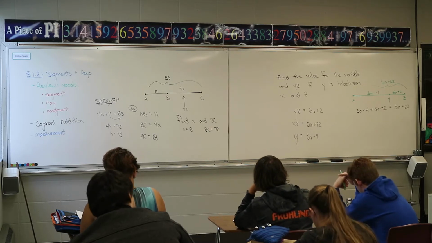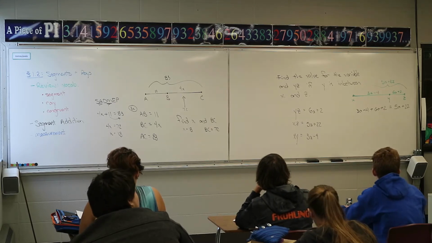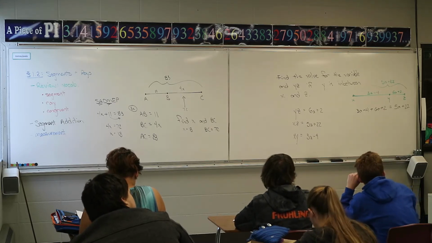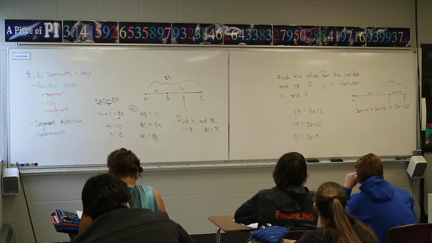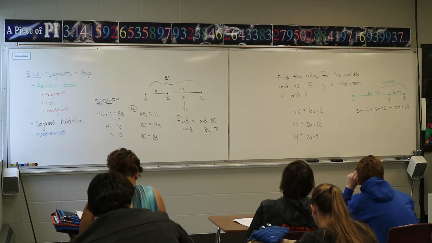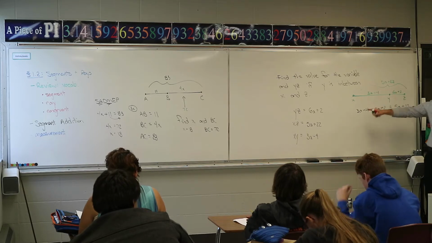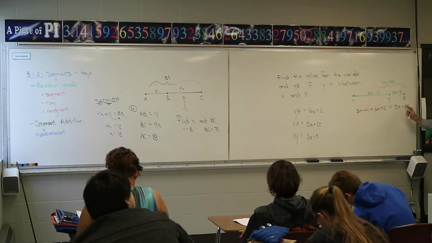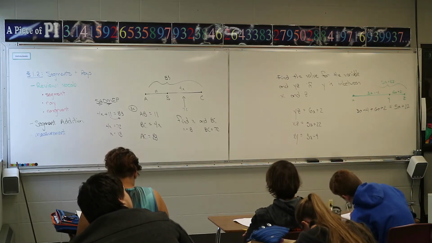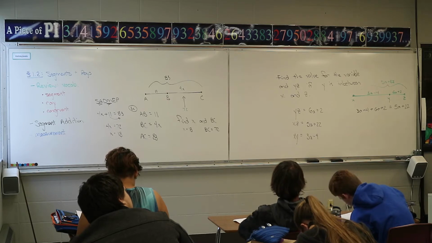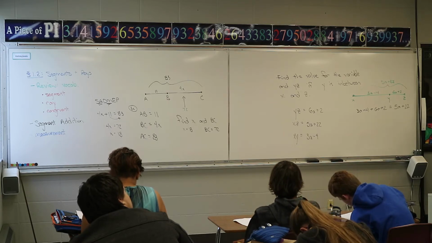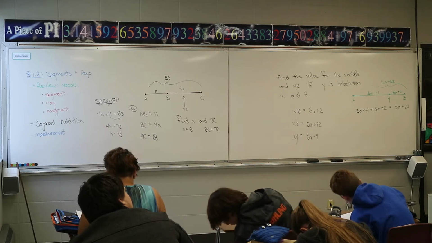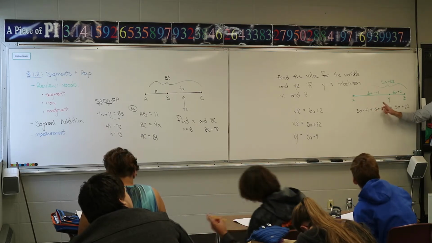If that was my problem in the homework, because I do your homework as well, I label and draw the picture and then I do it from there exactly how you guys would. I'm actually drawing a picture, labeling it, figuring out which parts to add together. It's a segment addition. Now to solve, let's add some like terms here. So on the left side, what do you get when you add some of these things together?